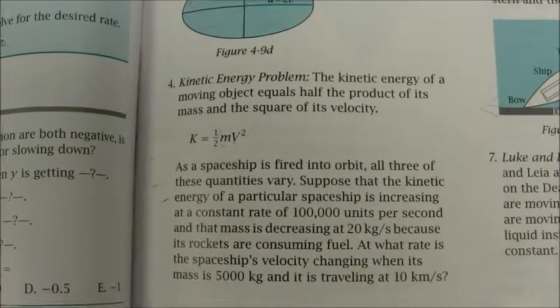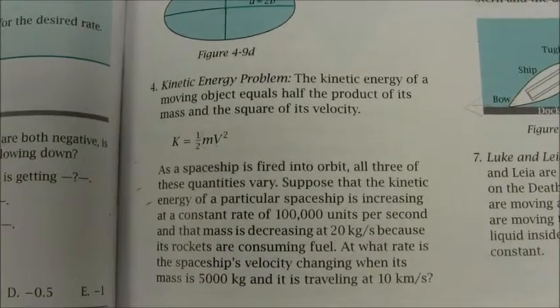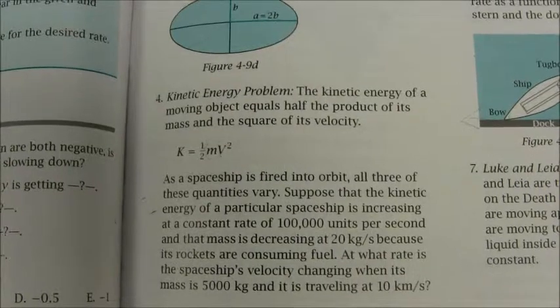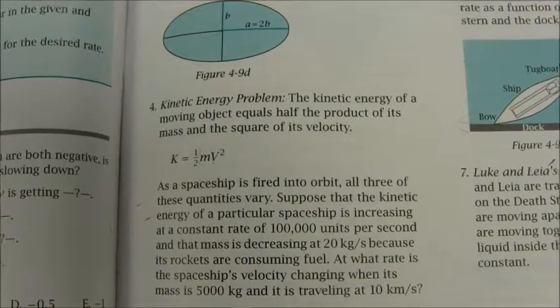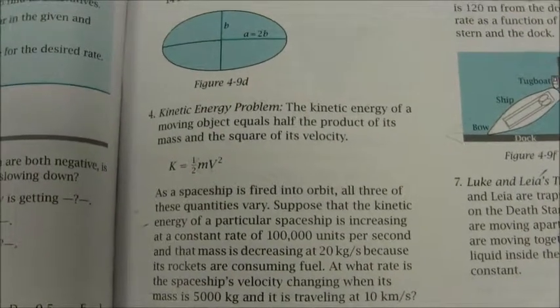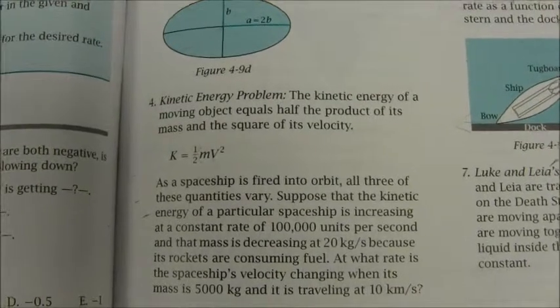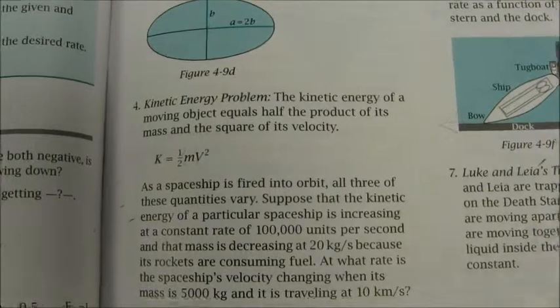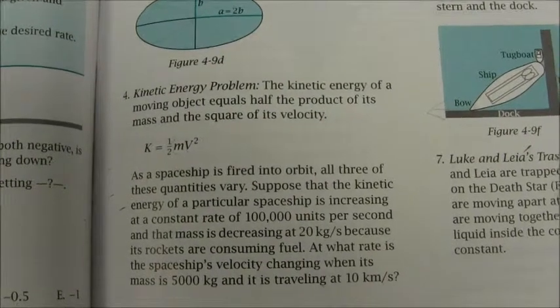So the important thing here is I need to figure out what my variables are going to represent. Of course, I have my original equation there. That's important to know what I'm dealing with. Looking through here, the kinetic energy is increasing at a rate of 100,000 units per second.